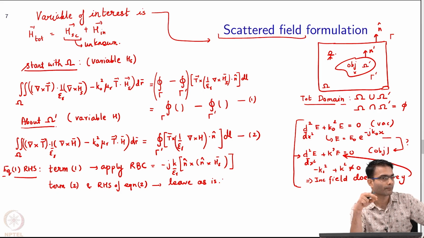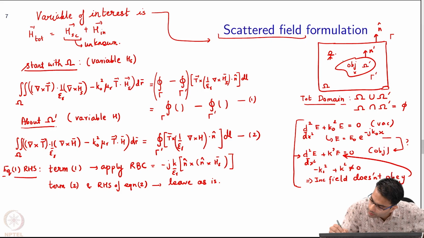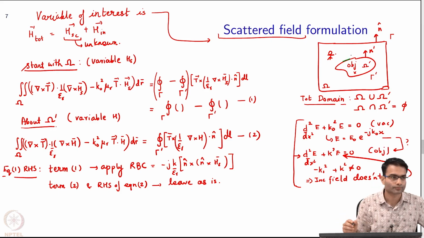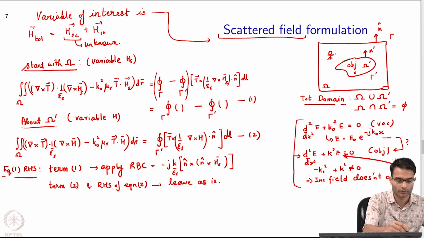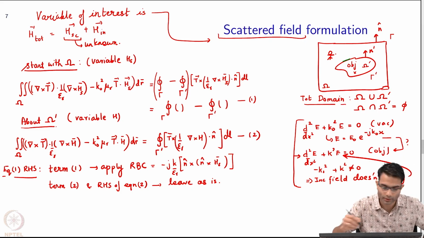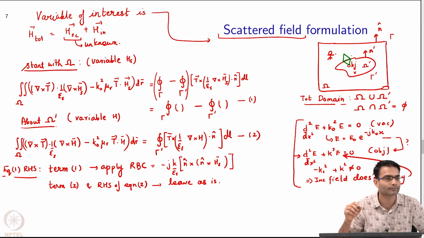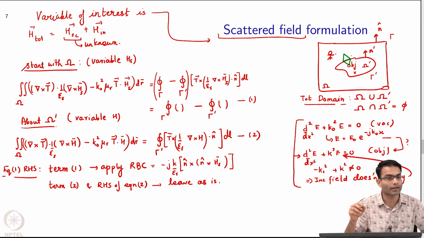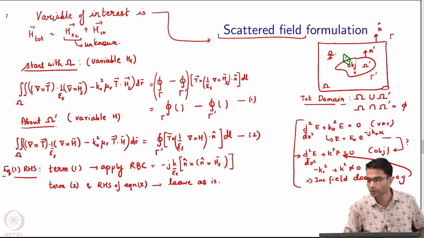At the boundary. So if I look at one particular boundary over here, what can I write? Imagine two triangles over there. Let's take one triangle outside and one triangle inside, okay? Let's call the outside one triangle 1 and the inside one triangle 2.